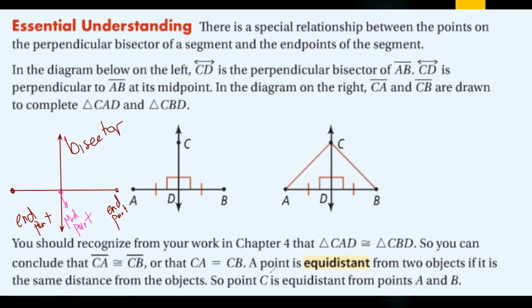Why do we call it the bisector? Because it's perpendicular to the line and it cuts the line into two equal halves.